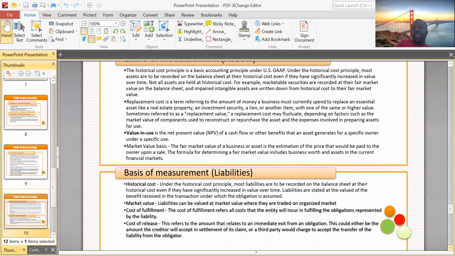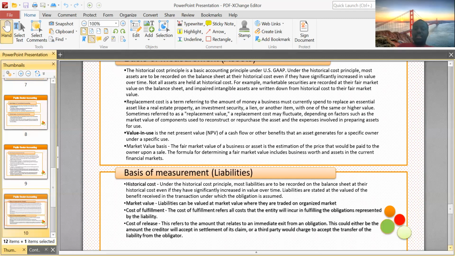And this could be the amount that the creditor will accept in settlement of the claim. So this could be settlement costs. It could also be transfer costs to shift the liability from one obligator to another.